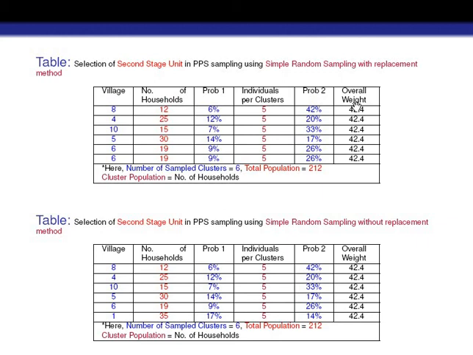It means that each individual within the population has the same weight of being included in the sample. We are not considering that some individuals have more weightage of being included in our sample and some have less.